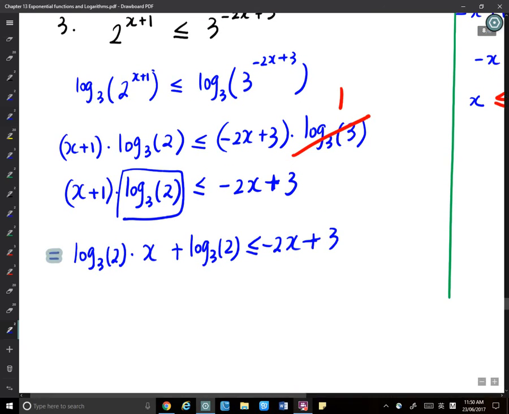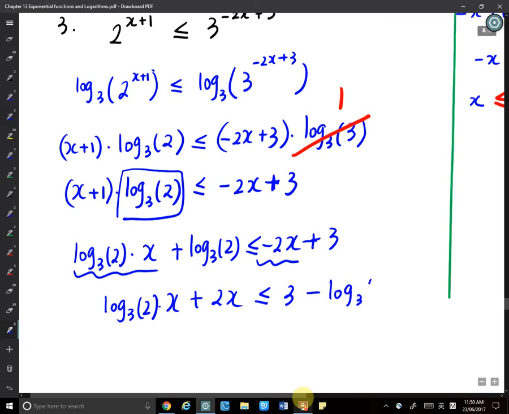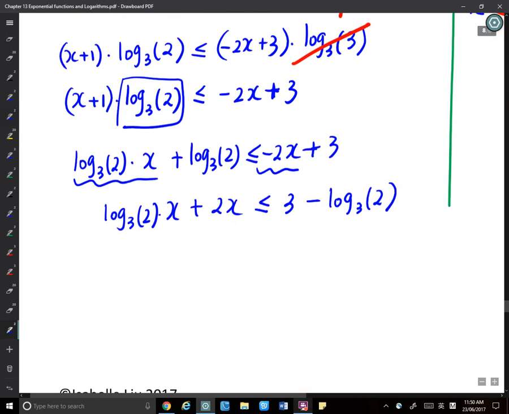So what you're trying to do is move all the x to one side. This term contains x, this term contains x, plus 2x less than or equal to 3 minus log 3 of 2. And you find the common factor, which is x, less than or equal to this.